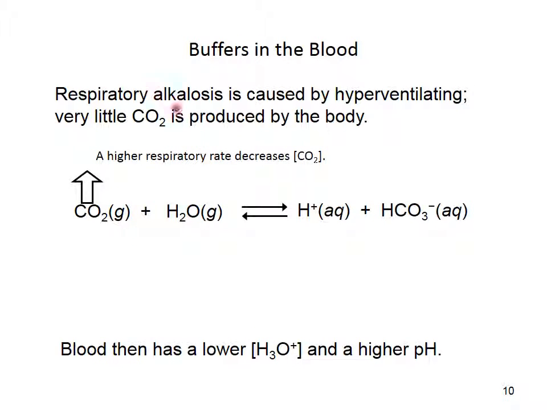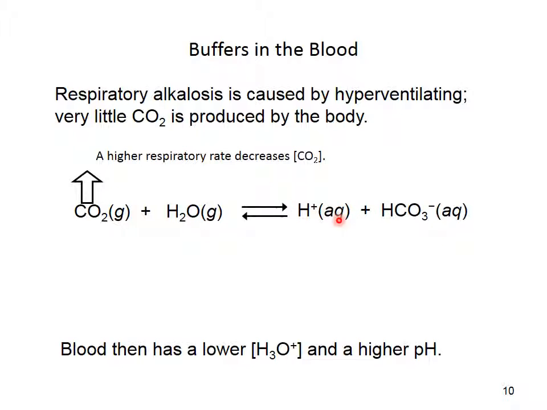If you hyperventilate and you expel too much carbon dioxide, what happens is the carbon dioxide level starts getting very low. That's going to cause the equilibrium to shift over this way. It's like taking away carbon dioxide. You're going to have less protons and less bicarbonate.